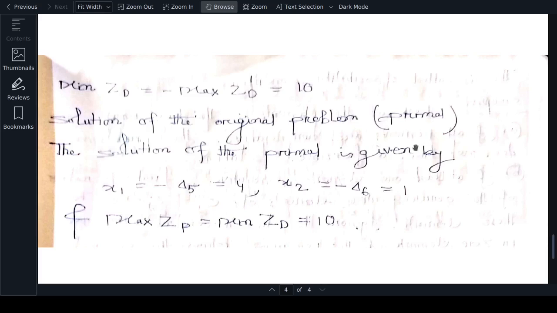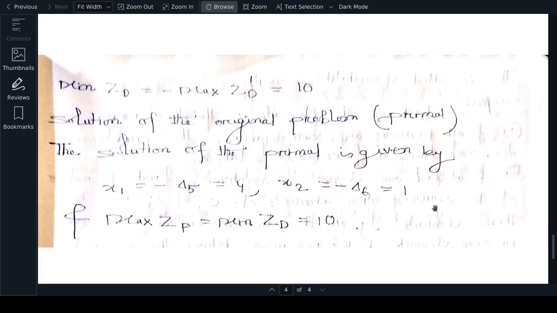First we convert it into the dual, then you solve, and this gives us the solution of the dual. But we need the solution of the original problem. So these 2 points tell us how to read the solution of the original problem.